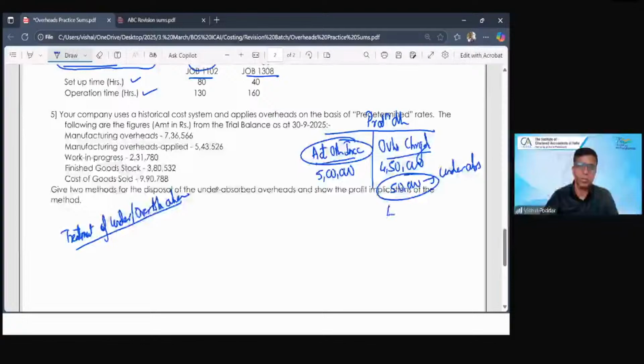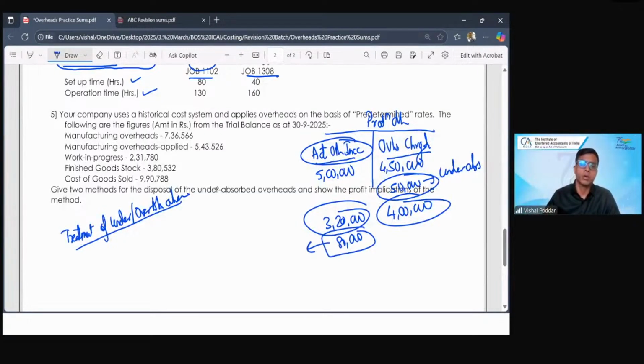Whereas if it is the other way around, this is 4 lakhs, let us say, and this is 320. So you have paid only 320, but you charge 4 lakhs. In this case, this difference will be called over-absorption. So under-absorption, over-absorption is what? Where you pay more but charge less, it is under-absorption. Where you charge more and pay less, it is over-absorption.